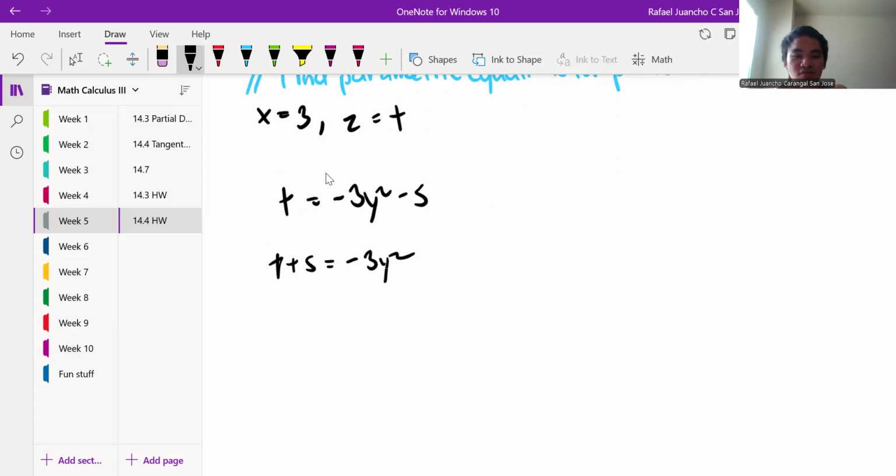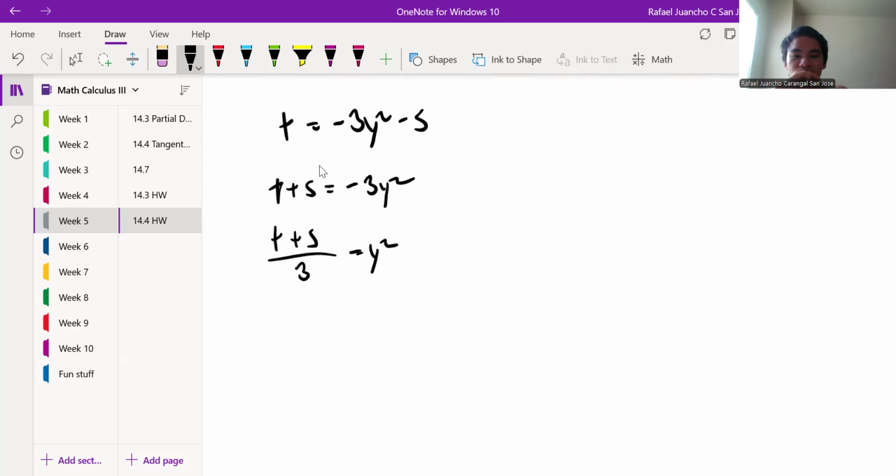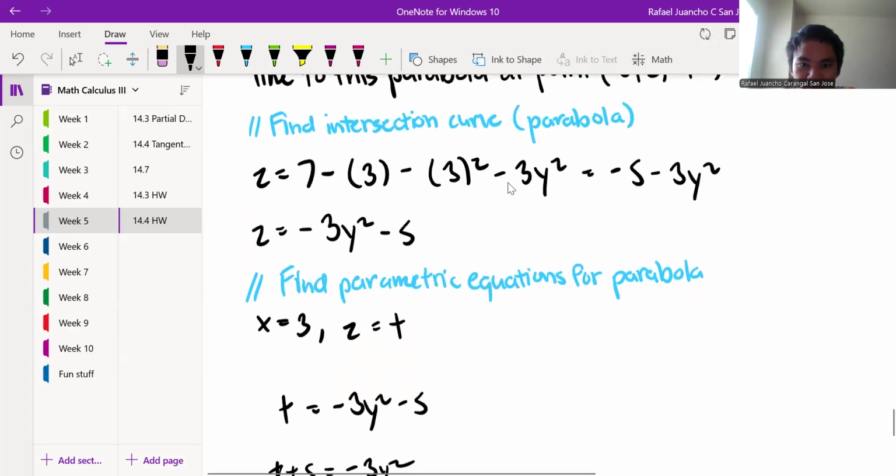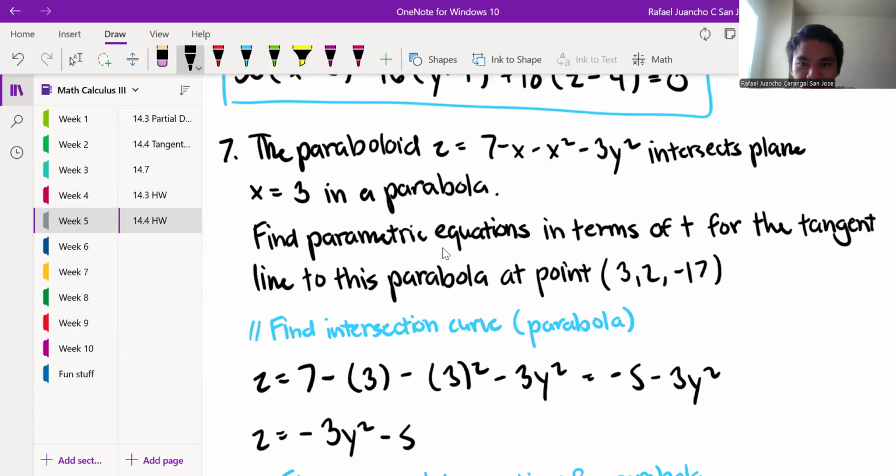Then I have over 3, but then I have to square root it. So is there an easier way?